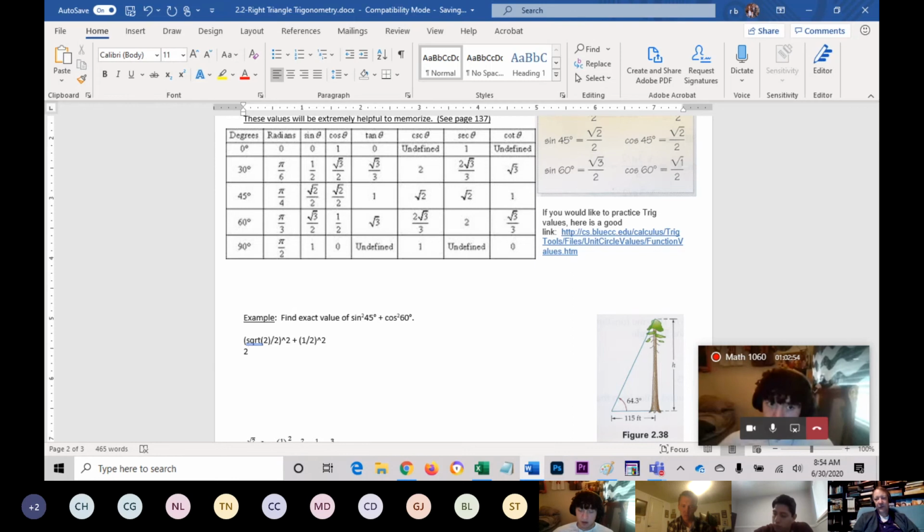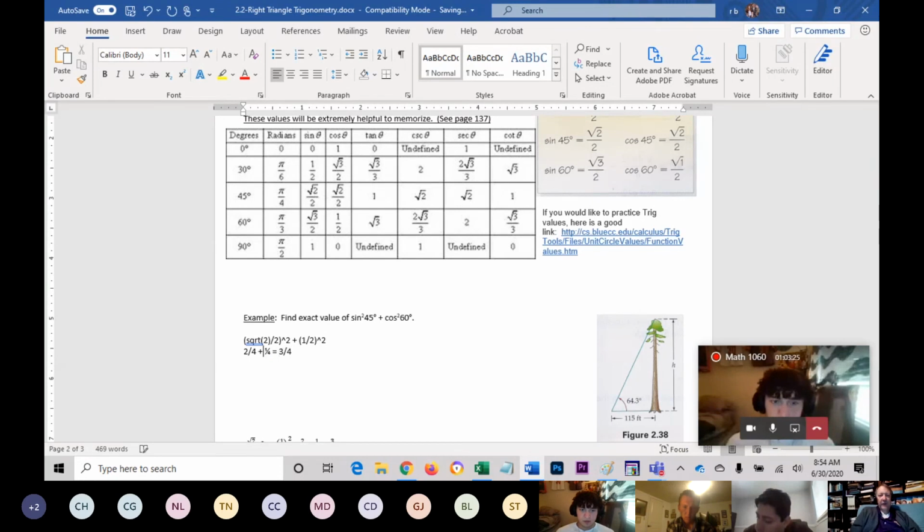Square root of 4 is 2. Oh, I was thinking, my bad. So 2 divided by, and then 2 squared is 4. So that's 2/4 plus, what's 1/2 squared? Wouldn't it just be 1/4? 1/4. Okay. So 2/4 plus 1/4 equals 3/4.